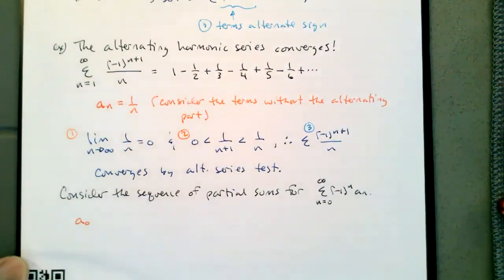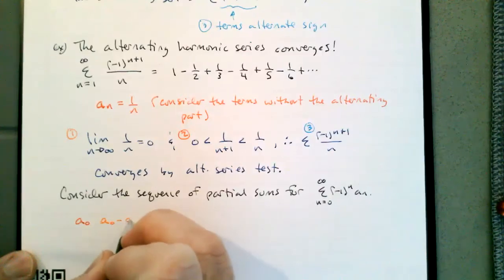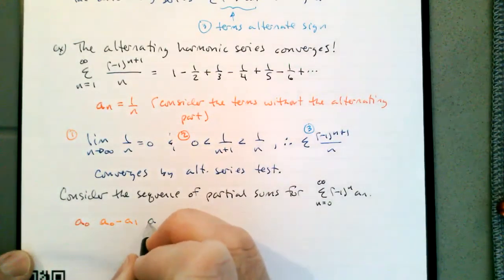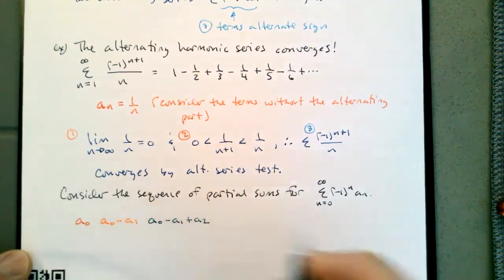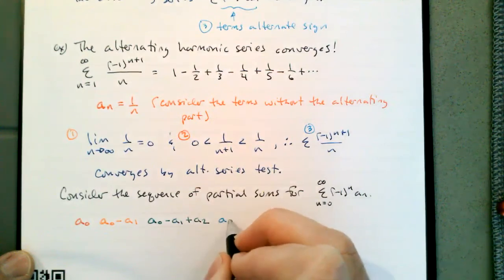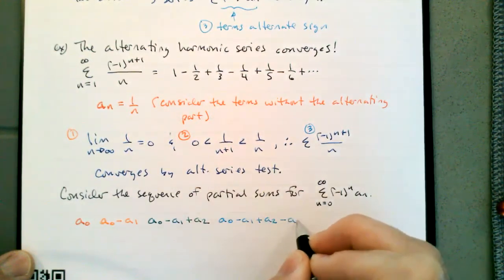Then the next term will be a_0 plus a_1, or sorry, a_0 minus a_1. Then the third term will be a_0 minus a_1 plus a_2. Then the fourth term will be a_0 minus a_1 plus a_2 minus a_3.